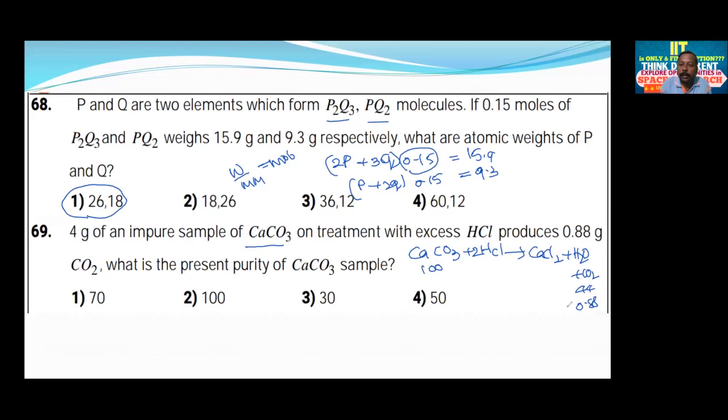So for 0.88 grams, how much? 0.88 divided by 44 into 100. So this will be 2 I think. So 0.02 into 100. The answer will be 20. Okay.